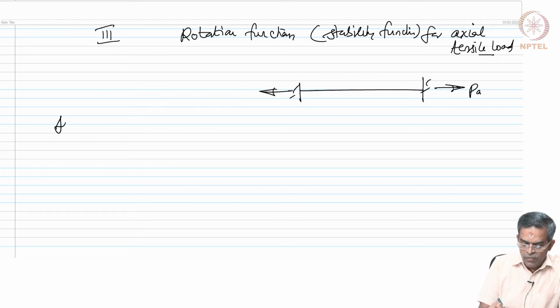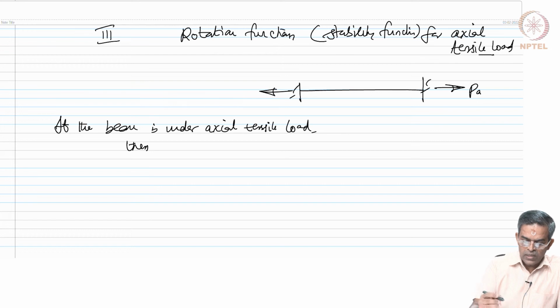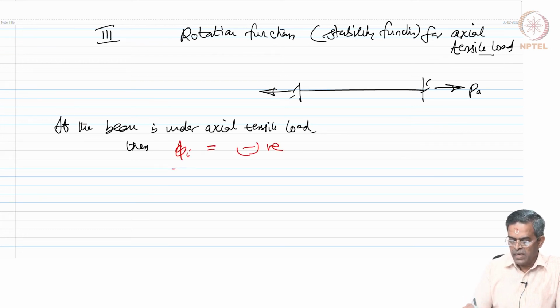So, if the beam is under axial tension, then we can say my phi I is negative.